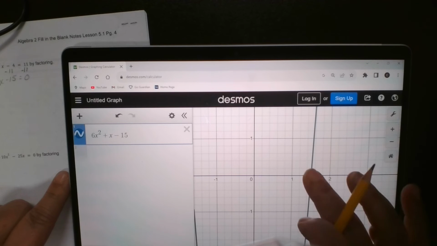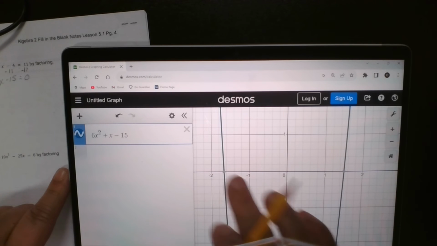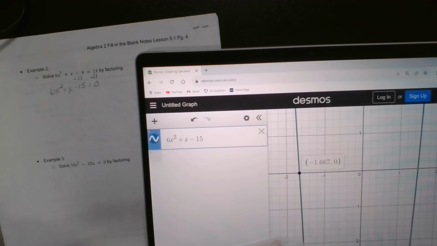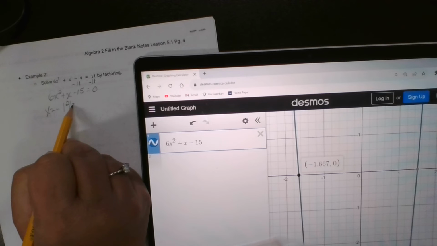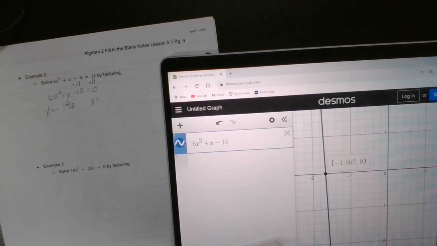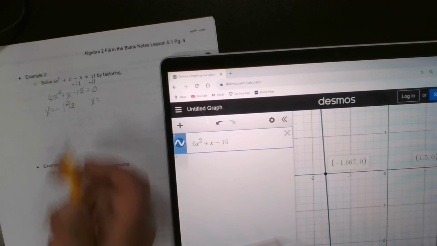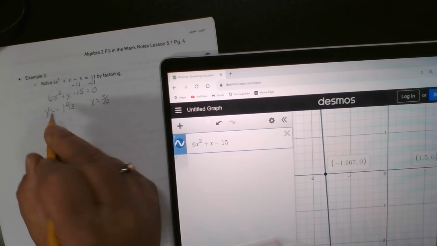So this point is at 1.5, which is 3/2, and negative 1 2/3. So x equals negative 1 2/3, and x equals, what was this other one I told you? 1.5, which is 3/2.